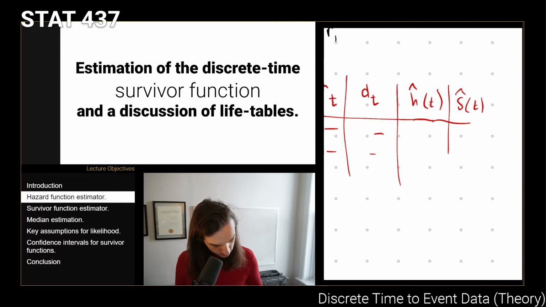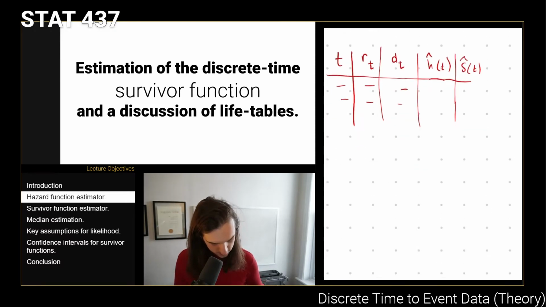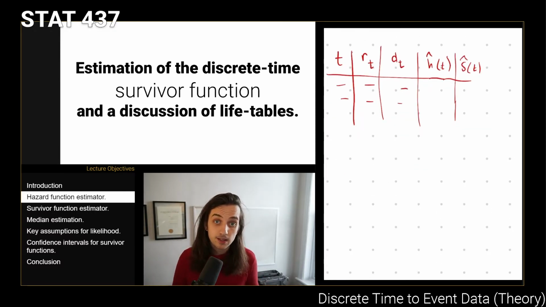So the nice thing about this framing is that from this life table, we can get the entire estimated values. We don't actually need to see the data itself, we just need this nice summary of the data.